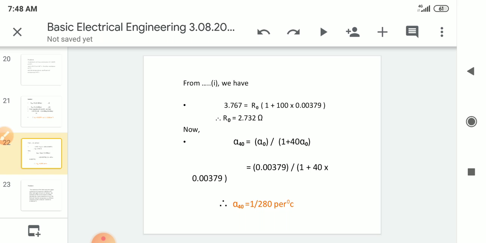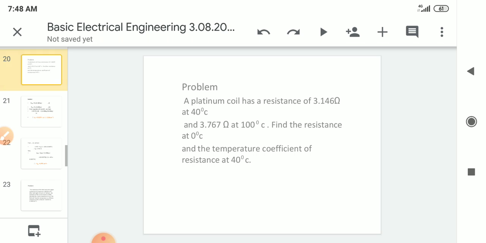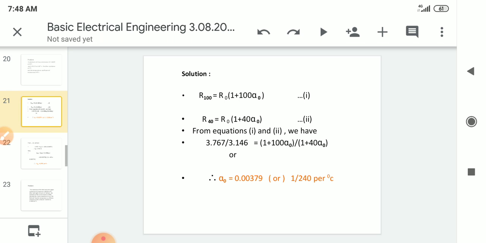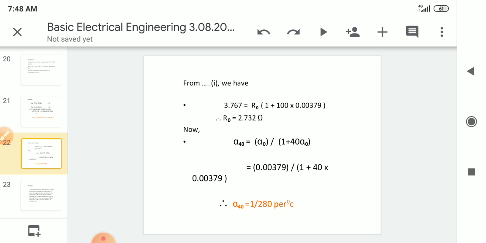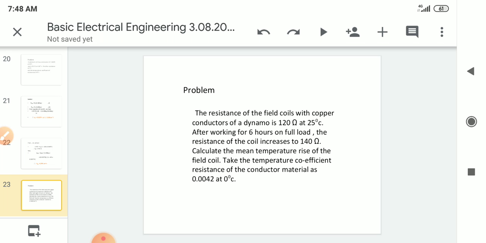We are getting the value as 1 by 280 per degree centigrade. Here the problem is very simple. This depends completely upon these equations, so you have to remember the equations properly. If we know the equation, then we just substitute the values of the data they have given. Nothing in that.